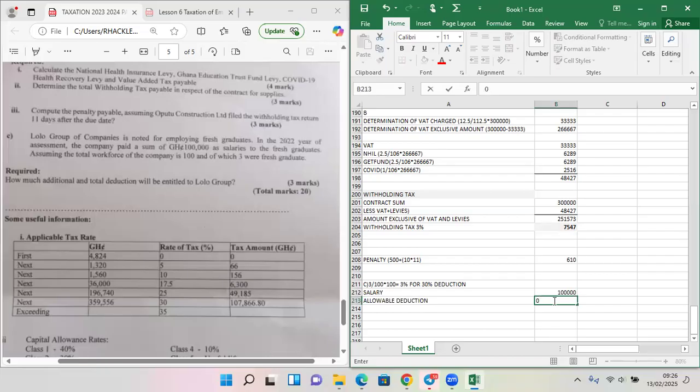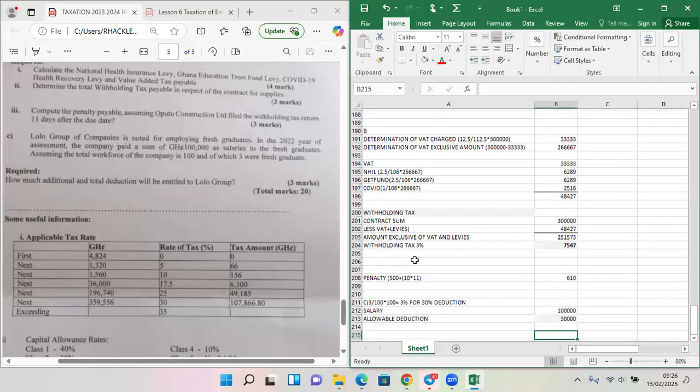So equal to 0.3 times this. So the allowable deduction is going to be 30,000. How much additional and allowable? So the total allowable deduction and the additional is this one, 30,000.